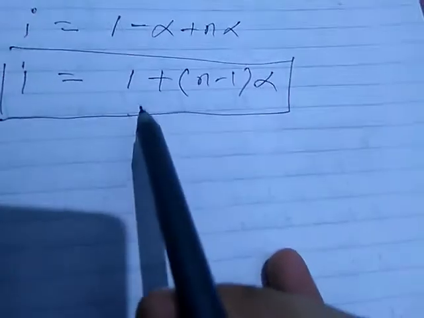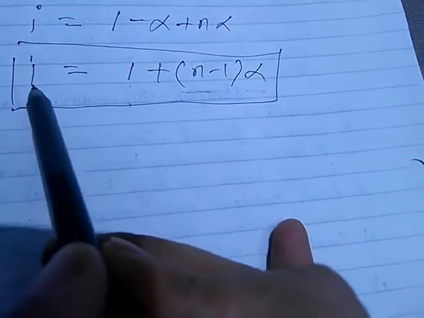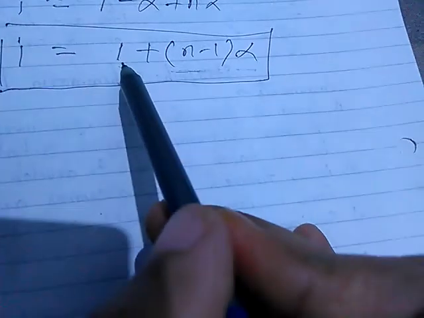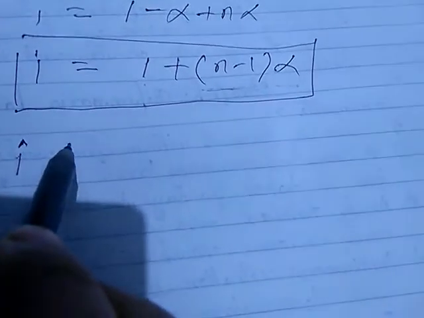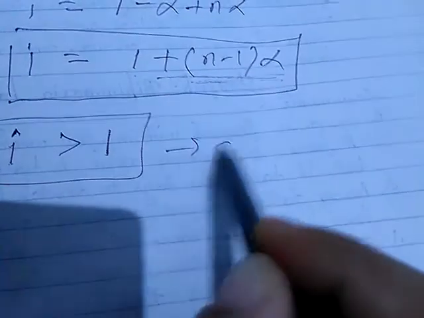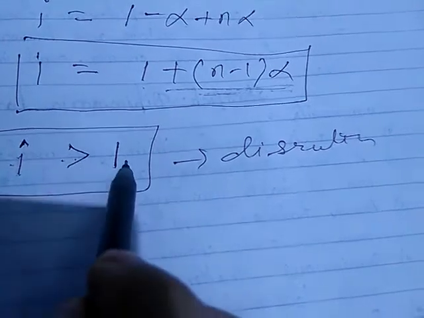And in this expression we are saying 1 plus something. If the value of i in case of dissociation is 1 plus something, it means Van 't Hoff factor would be greater than 1, because something is being added to 1. So in case of dissociation, i would be greater than 1.